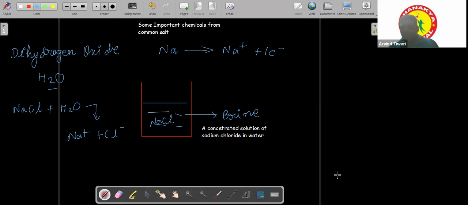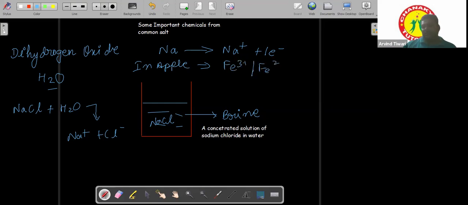Ions are dissolved in water. Whereas the iron that you are going to eat as a metal is in the metallic form. When you are eating your apple, you are getting iron as Fe3 plus. You are getting your iron as Fe2 plus. But when you're eating a pure metal, you are getting Fe. This is the difference between them.